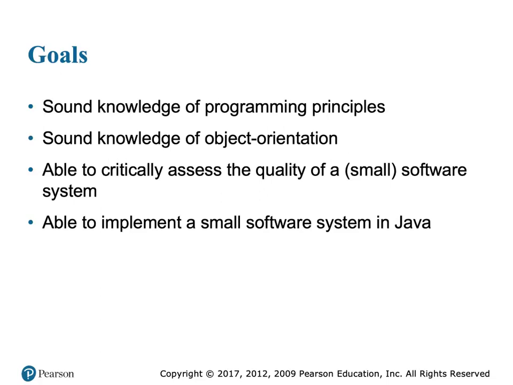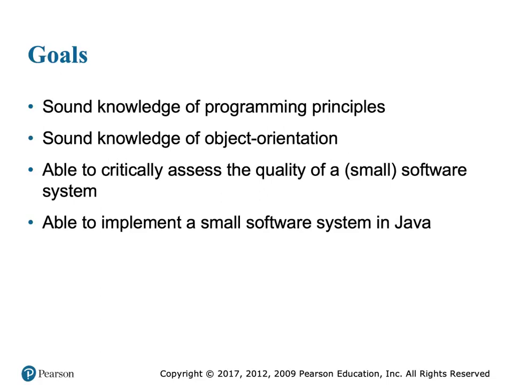Our goals then are to develop programming principles, not necessarily language fluency. By the end of the course, you should be able to think about object orientation and be able to approach solving a problem not by how do I make a computer understand me, but what objects do I need to make?